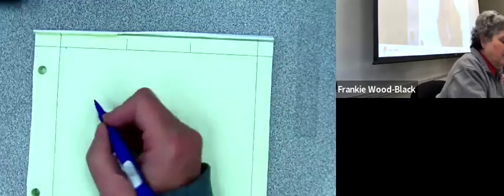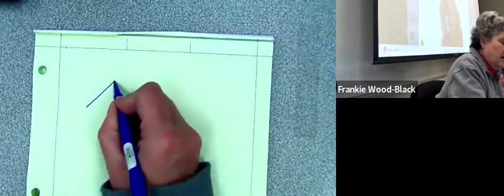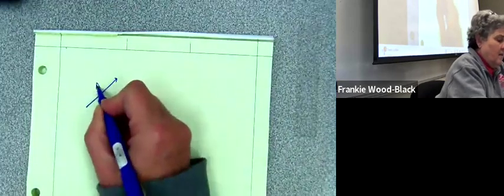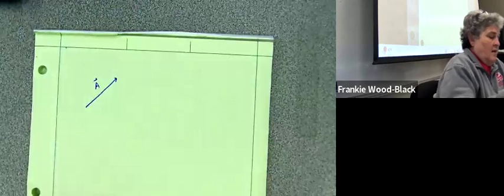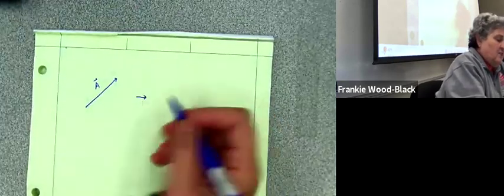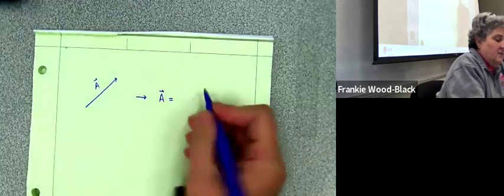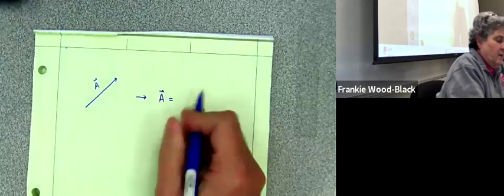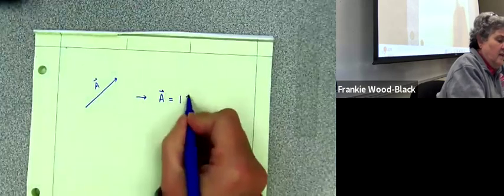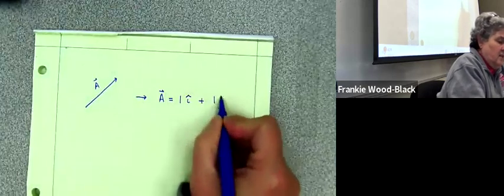So remember my vector additions. If I have a vector A, here's my vector A. I can write that vector as 1 in the i direction plus 1 in the j direction.